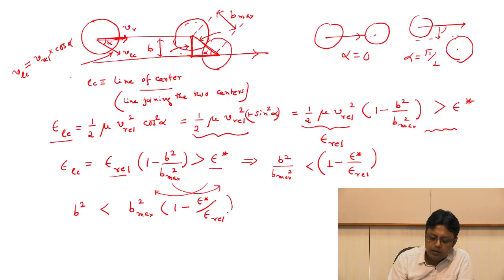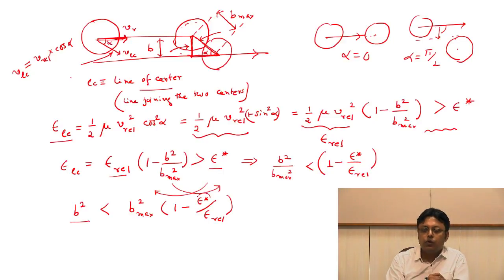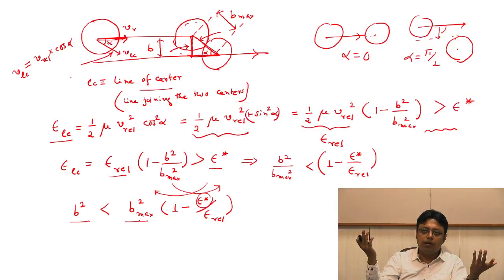If epsilon star is 0, which means there is no activation energy, then the only criterion is that b has to be less than b max. So any collision will give me a reaction. b goes from 0 up to b max, and all these collisions will give me a reaction.